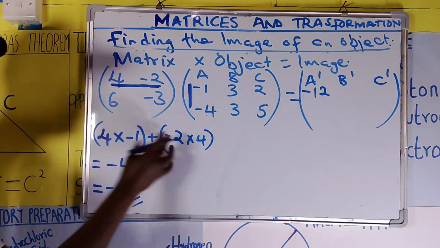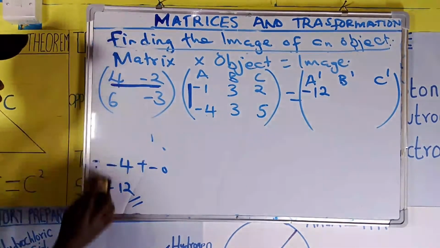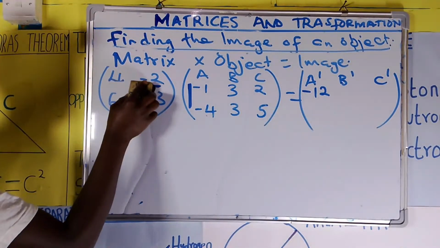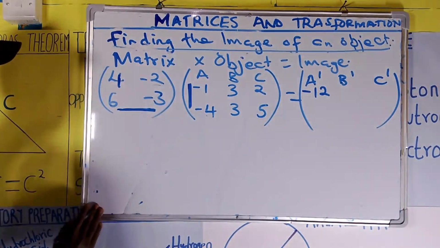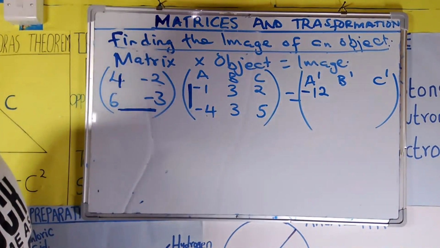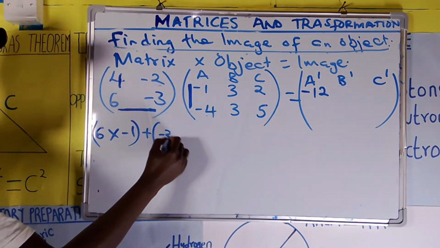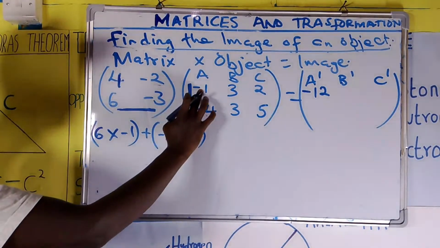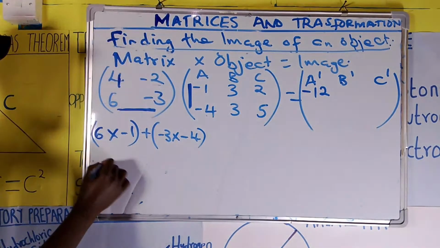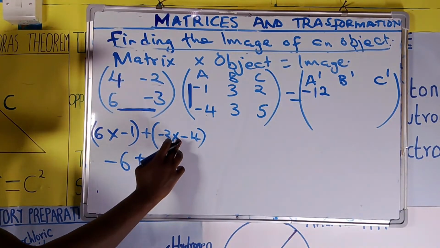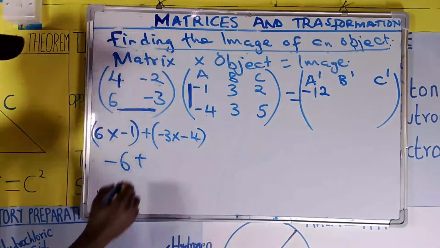Then we go to the second coordinate of A. It will not be the top row now, it will be the bottom row: 6, -3, and still -1, -4. So it will be 6 times -1 plus -3 times -4. 6 times -1 is -6, plus -3 times -4. A negative number times a negative number is equal to a positive number, so we get plus 12.